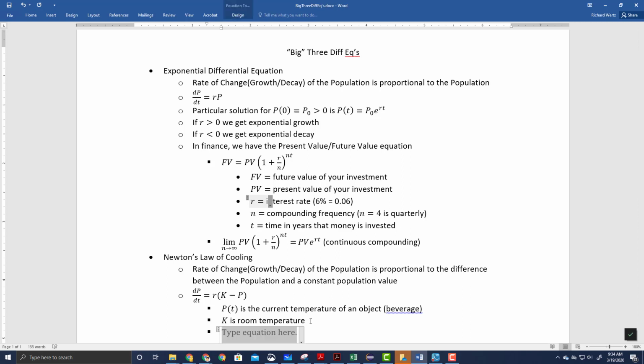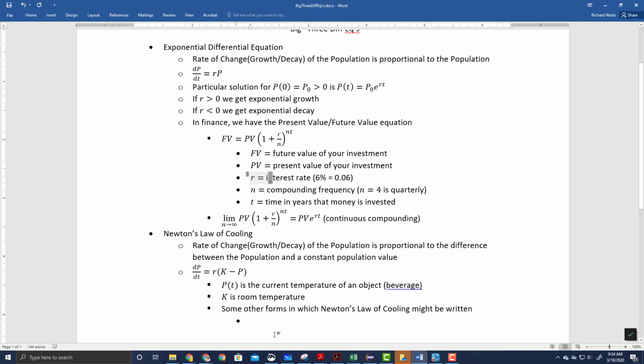There are some other forms in which Newton's law of cooling might be written. Sometimes you'll see it written like this.